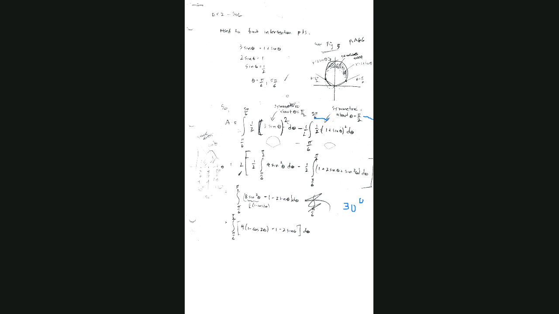We can find that yellow area, which would be the integral of 1/2 r squared d theta.